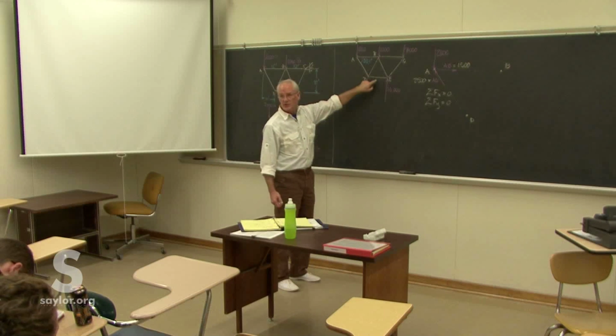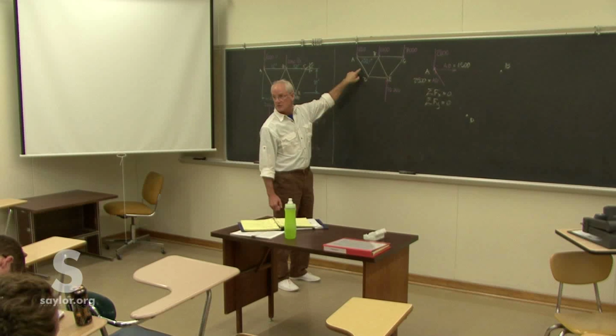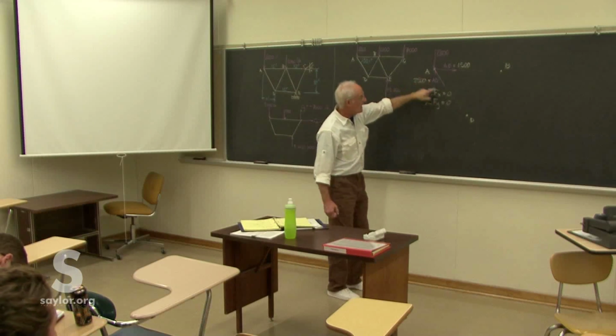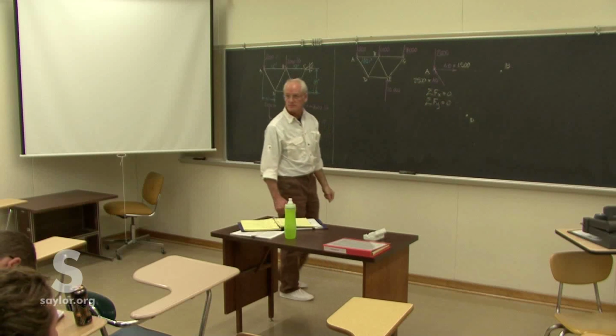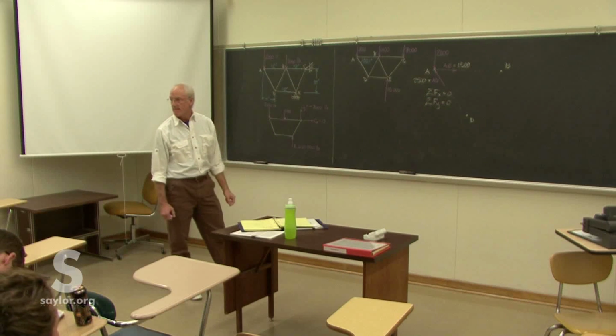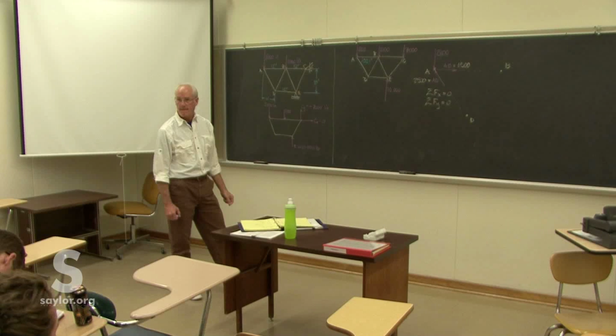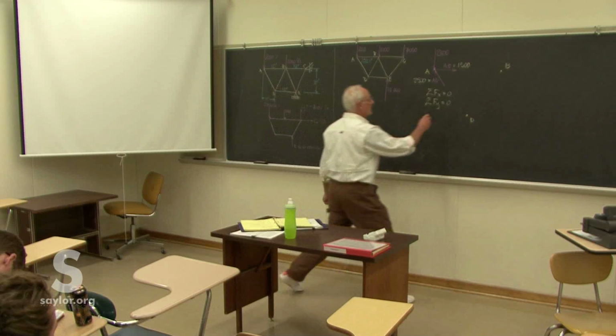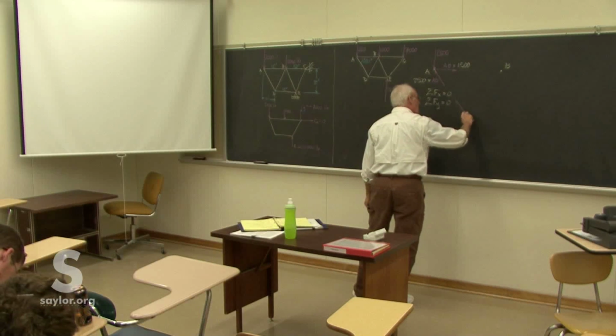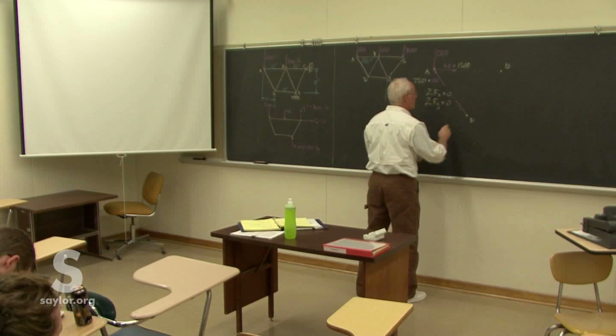Every member exerts a force. We already know this force. We just got it. How do I draw it at point D? I know the angle of it. Do I know the magnitude of it? It's 2500.